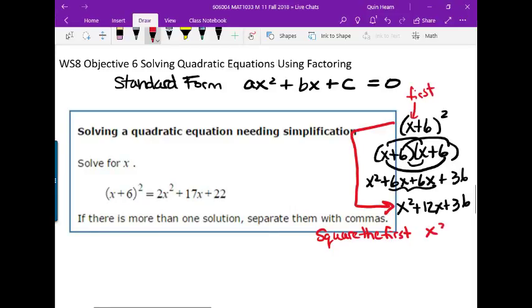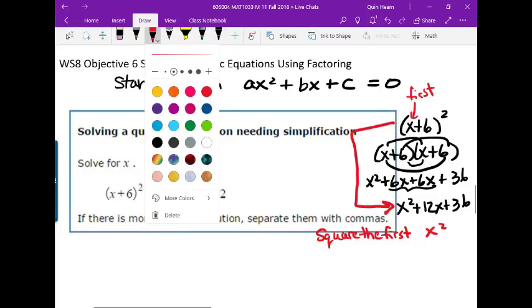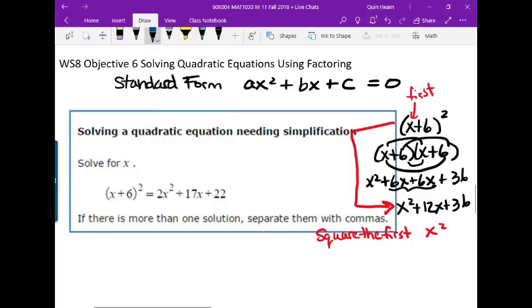So that gives you x squared. And then it says square the last. And by last term, they're talking about the 6 here. So 6 squared, or 36.